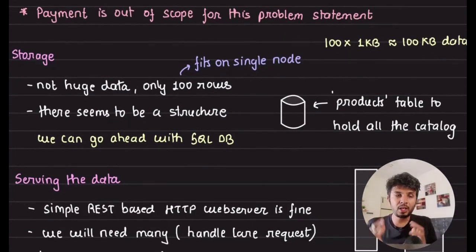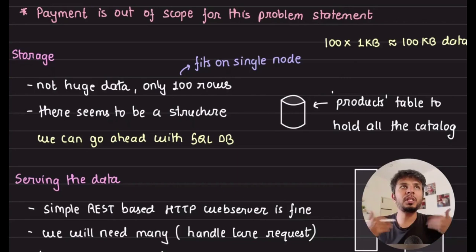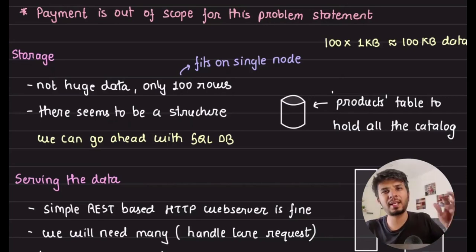Now, which database to pick? When data is this small, you can pick literally any database and it would not make a lot of difference. But given that we still see some structure, some user information maybe, or in any case, we are just making a listing of the catalog, right?